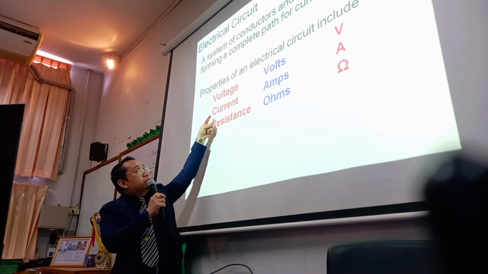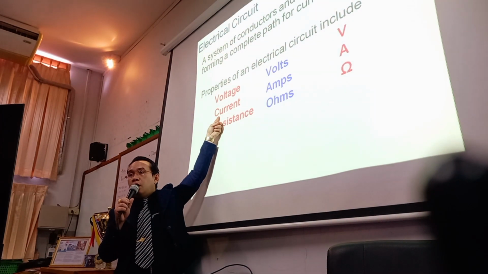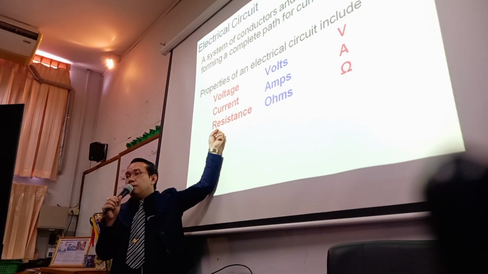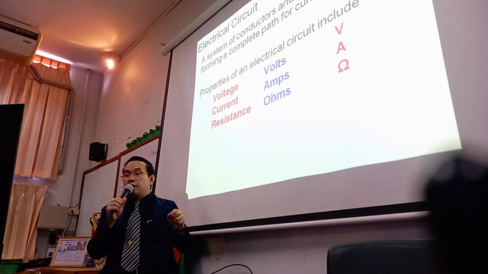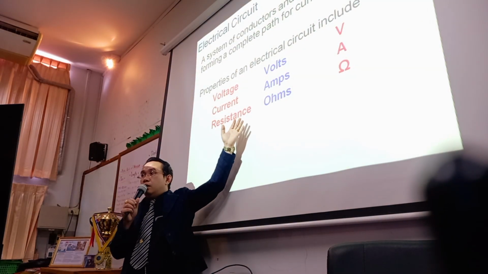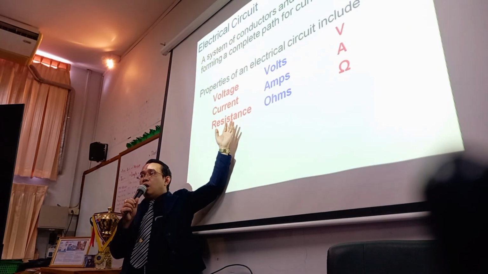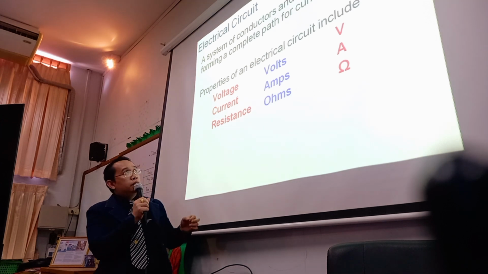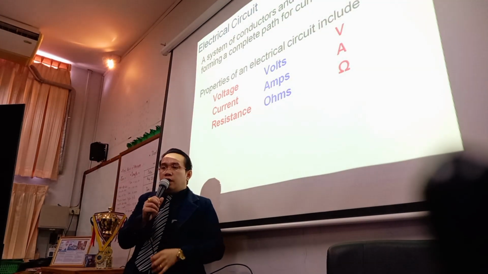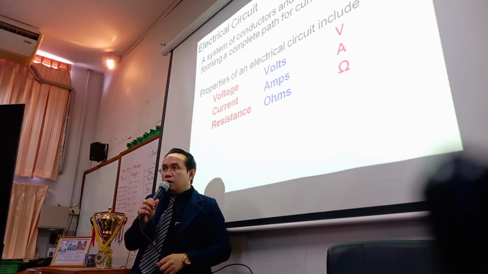Voltage. Next, current. And the other one is resistance. Right? So these are the main component units that are usually part of the properties of an electrical circuit.